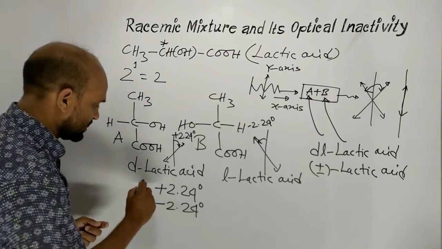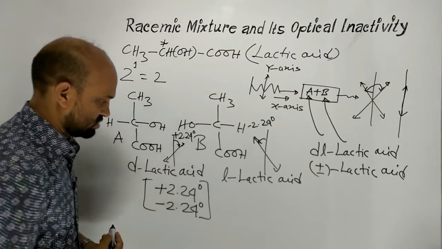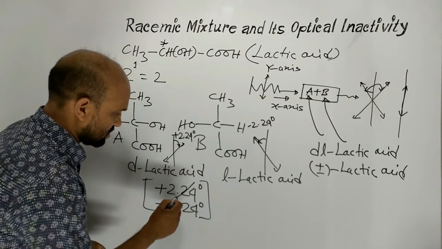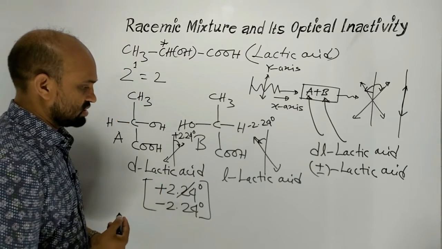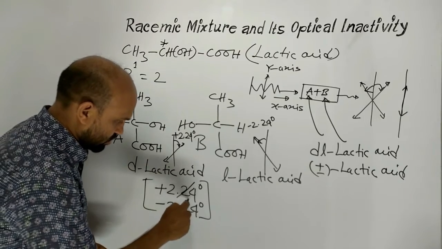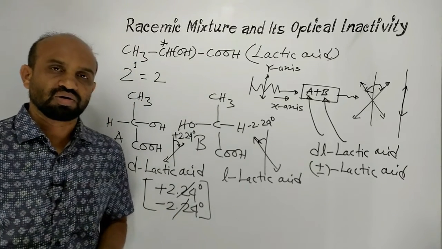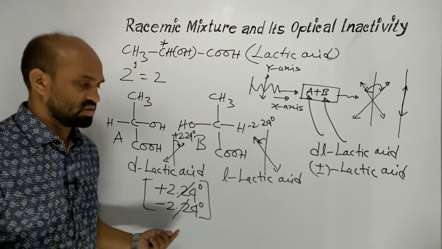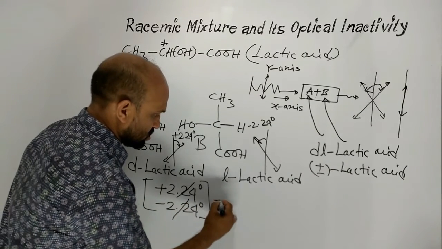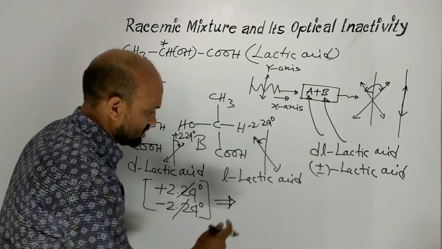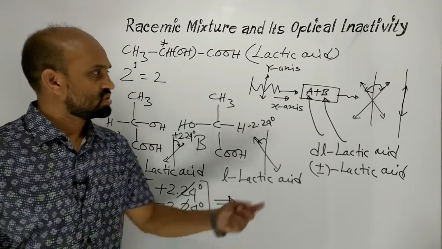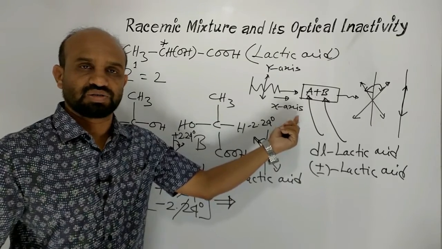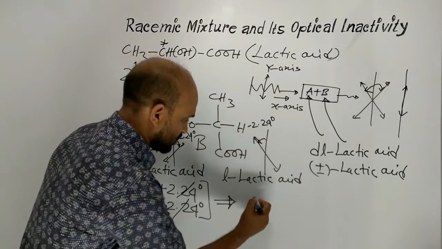But in case of a mixture of these two compounds, the rotation by D-lactic acid is cancelled by the rotation of the plane of polarized light by L-lactic acid. That is why the rotation of the plane of the polarized light by the mixture of D and L isomers becomes 0.